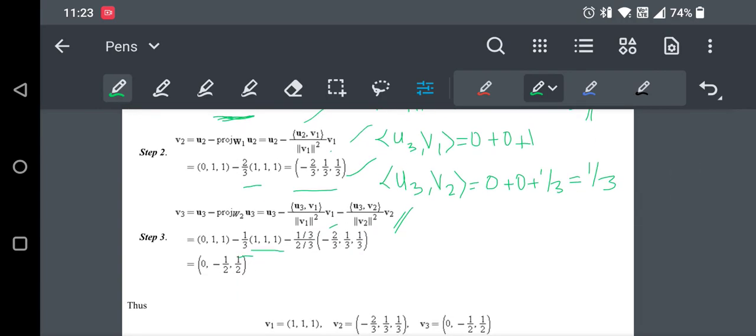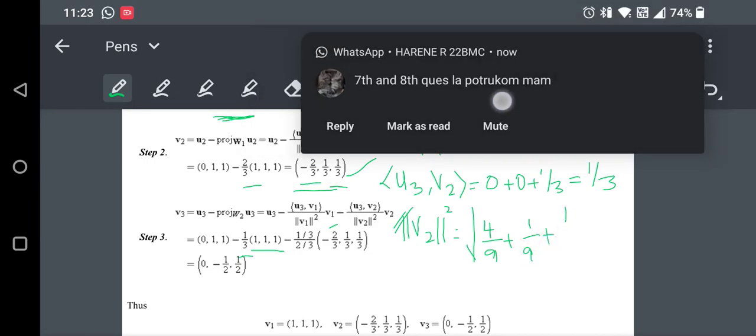And next you need to find the norm of v2 squared. So norm v2 squared is nothing but the root of the sum of squares of the individual elements. So 4 divided by 9 plus 1 divided by 9 plus 1 divided by 9.